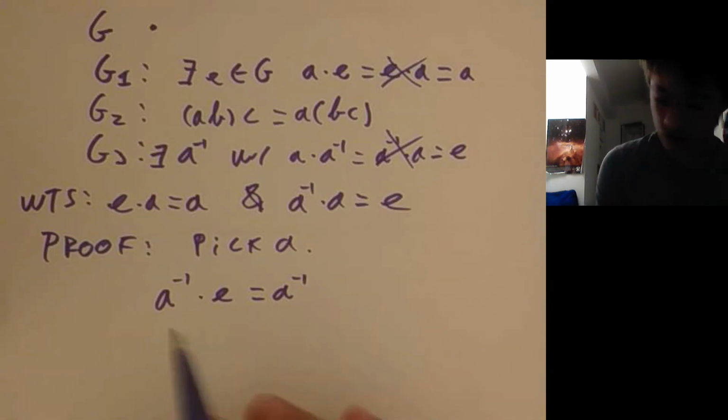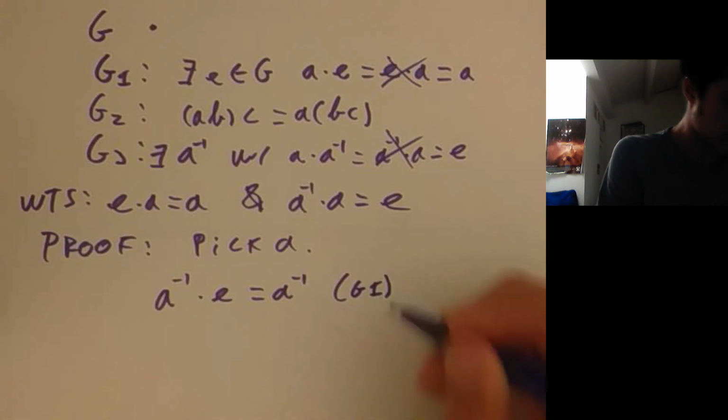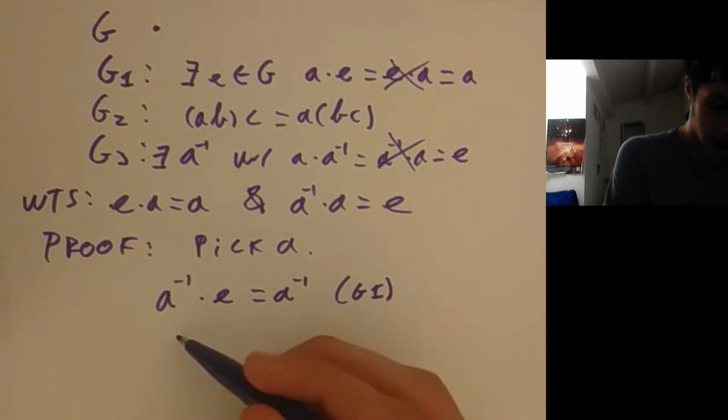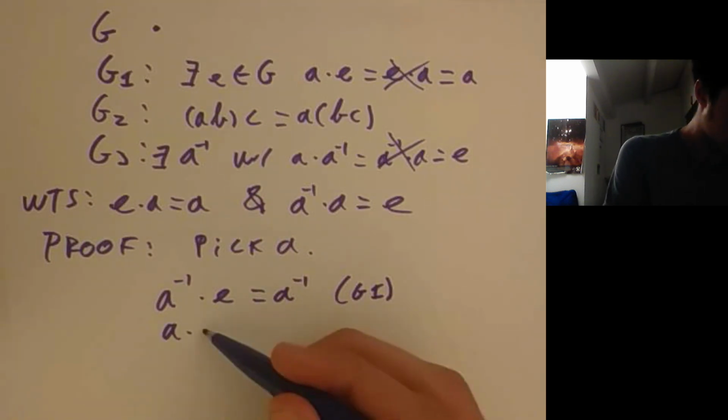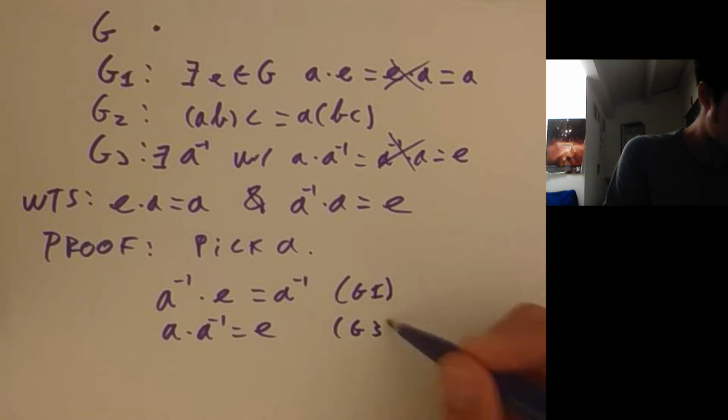Okay, so we have this condition, and it's because of G1. And then we also knew that A times A inverse was the identity, and it's G3.